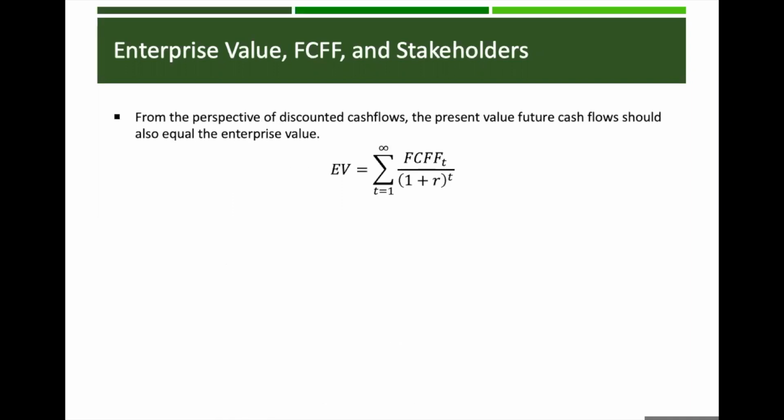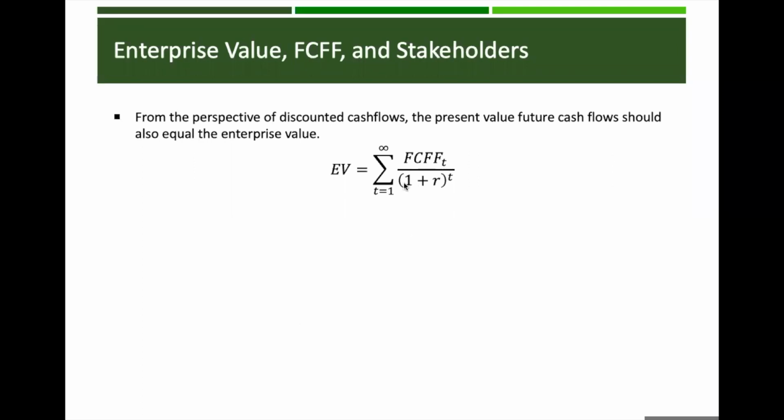Well, how do we determine that equity stake? Another useful tool is that the enterprise value of a firm should also be equal to the present value of the free cash flows to the firm.